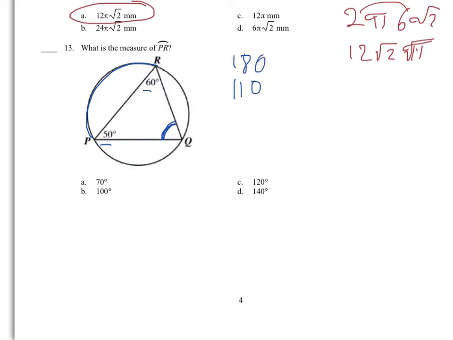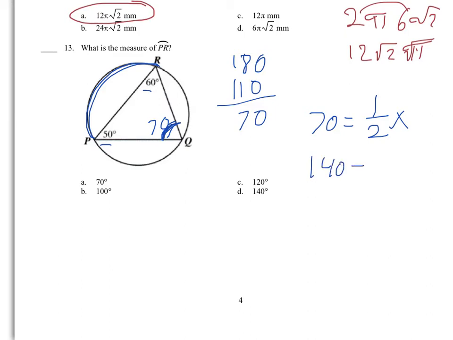And all the angle measures have to add up to 180, which means this angle is 70. Now, if this angle is half of the arc, that 70 is equal to half of the arc. Multiply both sides by 2, and x equals 140.